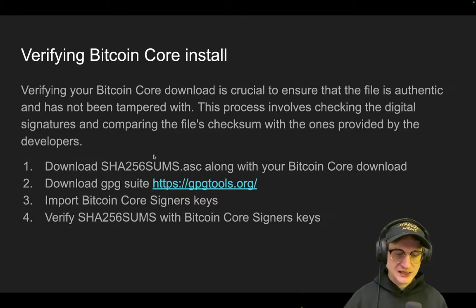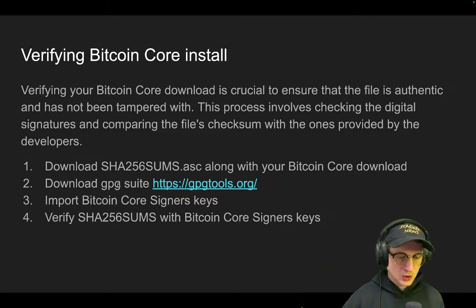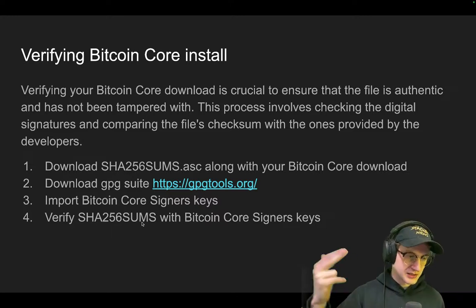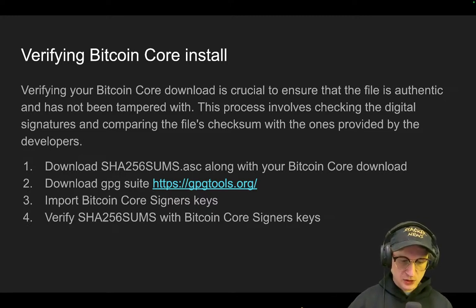Essentially, we're going to download the sums in this new release, download GPG, which is a PGP tool, import all of the Bitcoin Core signers' keys, and then verify our sums with all of those keys. This will go quickly, so let's start.